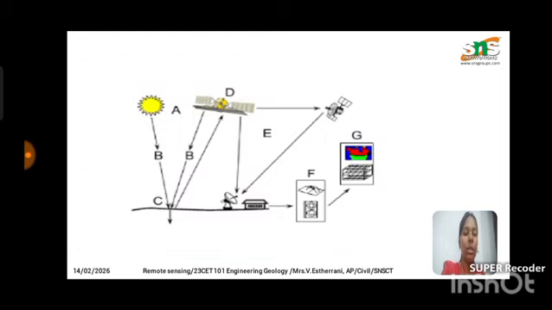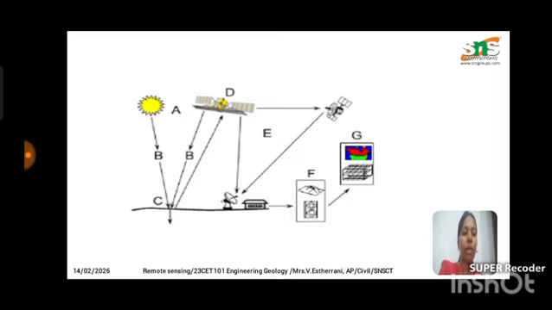Next one is the pictorial representation of remote sensing. The first component, A, is the sunlight. It is the energy source. When the sunlight travels to the surface, the satellite observes and captures the object.